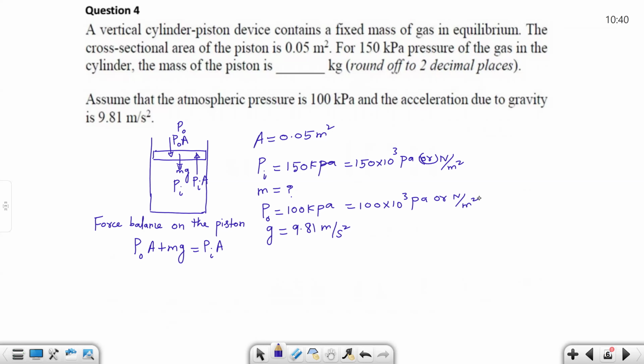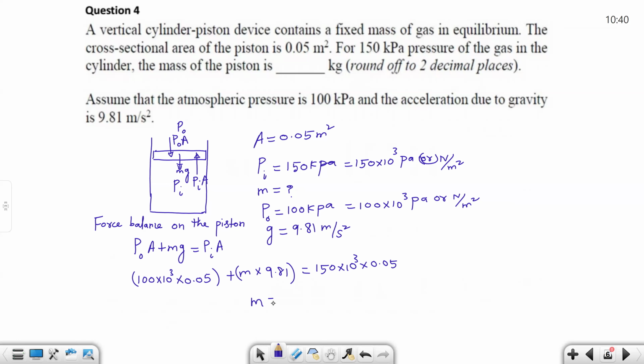P0 is 100 into 10 power 3, area is 0.05, plus m into acceleration due to gravity, 9.81, equals P inside 150 into 10 power 3 into 0.05.